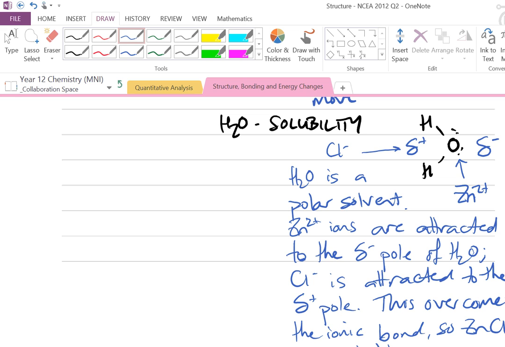Now, I know I said that there are zinc ions in the metal as well. However, the overall effect is that in the lattice there is no charge there. Okay, so if I have a look over here, the metallic lattice is not overcome.